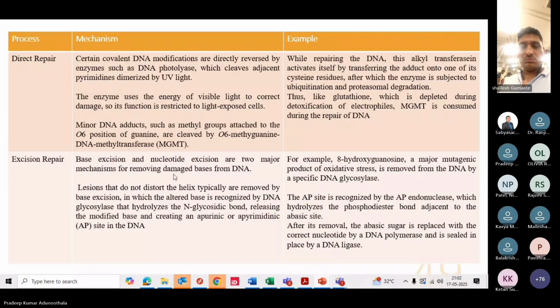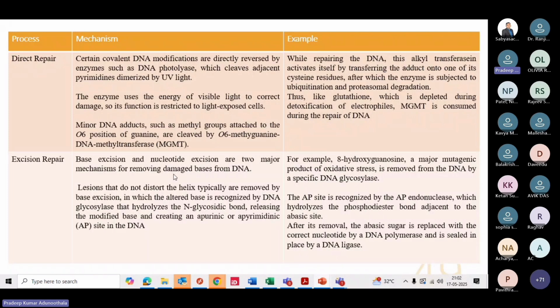So coming to base excision, these lesions do not typically distort the helix, and they're removed by base excision repair, in which the altered base is recognized by a DNA glycosylase that hydrolyzes the N-glycosylic bond, releasing the modified base and creating an apurinic or apyrimidinic site in the DNA.